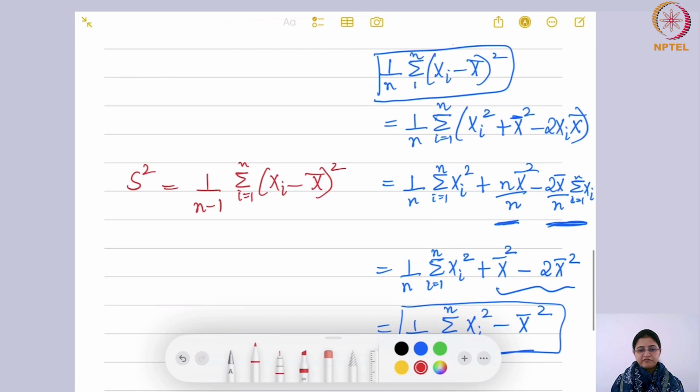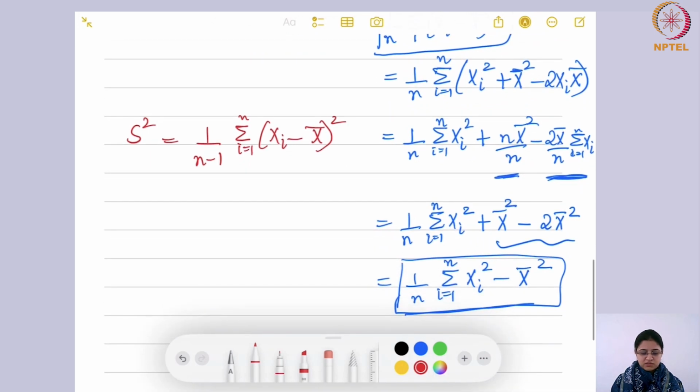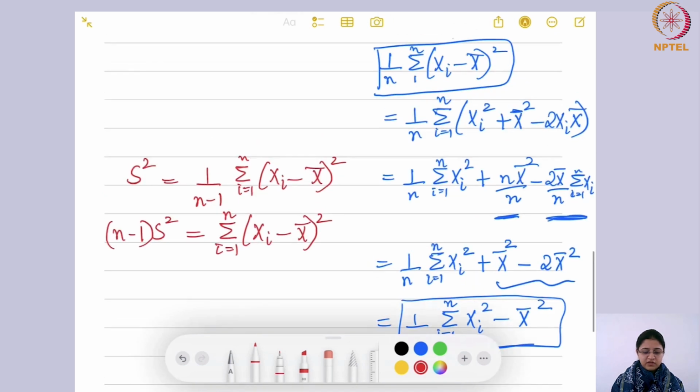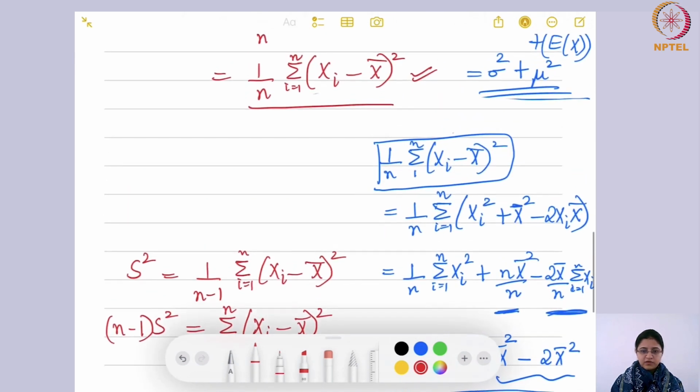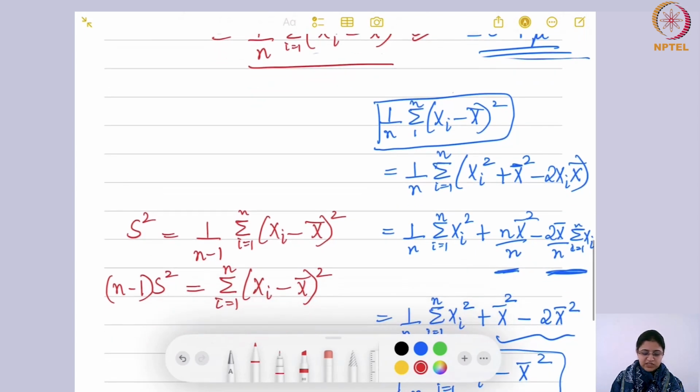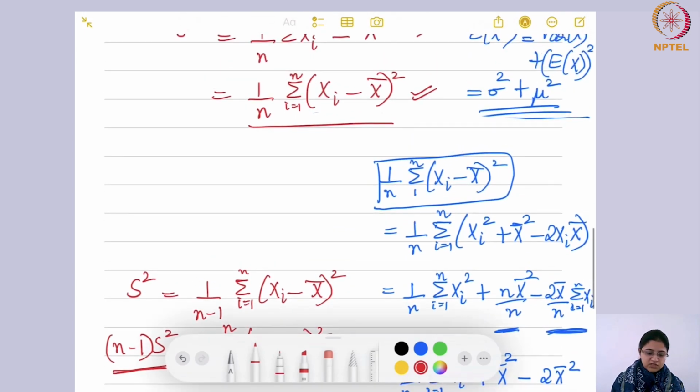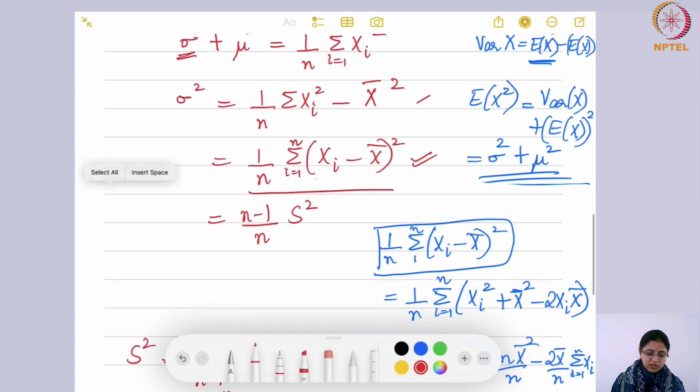This is what we defined in your previous week's lecture. So n minus 1 times s square is summation xi minus x bar whole square. We can replace it with n minus 1 times s square, so it would be n minus 1 over n s square. This is your sigma square hat.